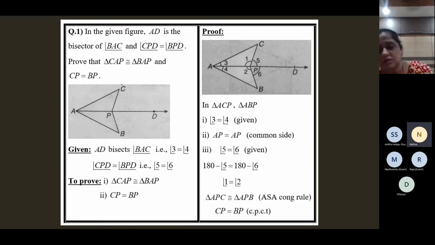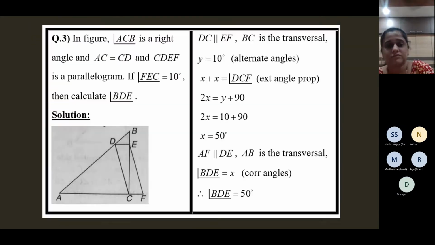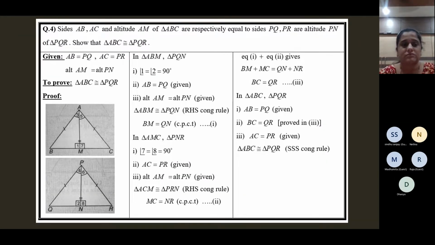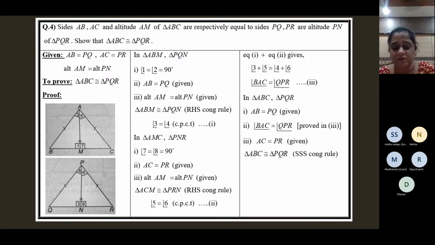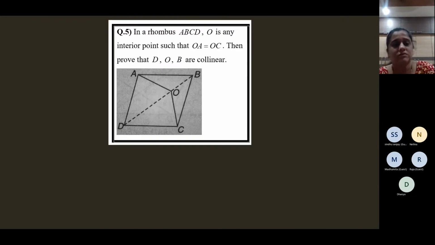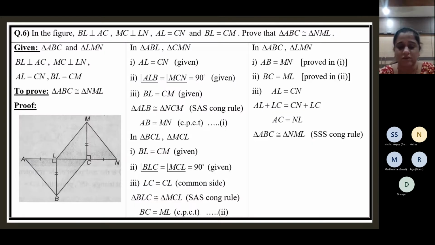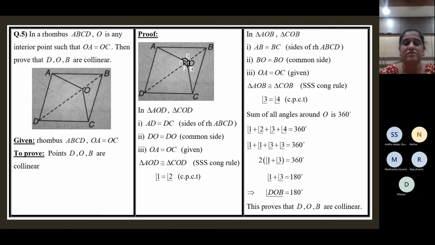So the fourth one I've done in 2 ways. Yeah, so I'm going to explain this one. This one is similar, children. We have done this. I think there it was a square, but the proof is the same. You go through your classwork notebook.